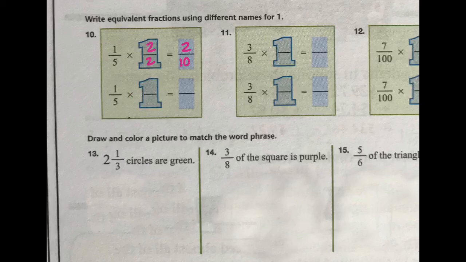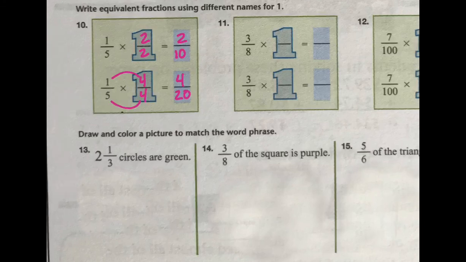Okay, so say I want to do 4/4. Then I'll just multiply. 5 times 4 is 20. 1 times 4 is 4. Okay? But that's what you're going to do for 11 and 12. You get to choose what you want to multiply by, which type of one whole that you want to multiply by to get the equivalent fractions.